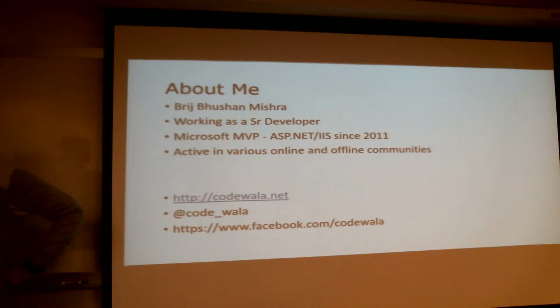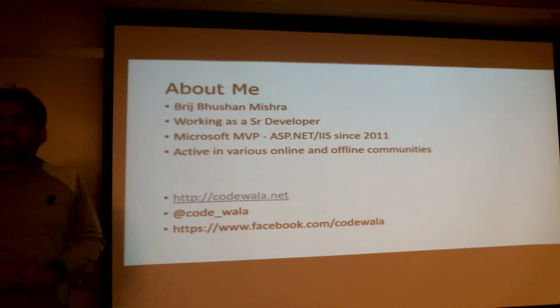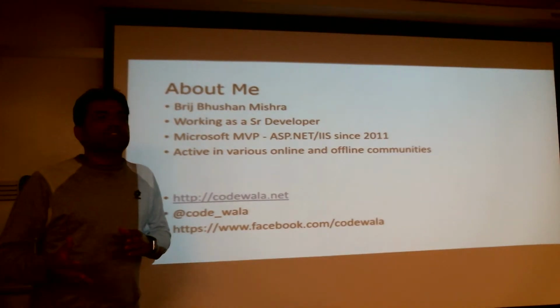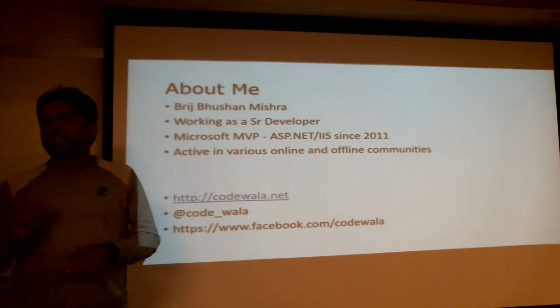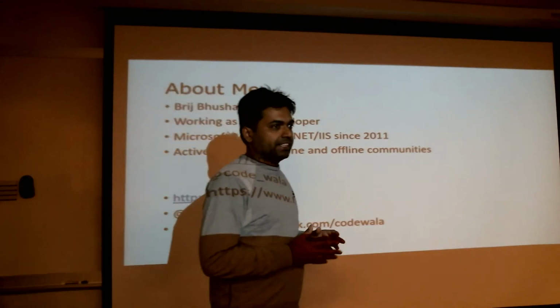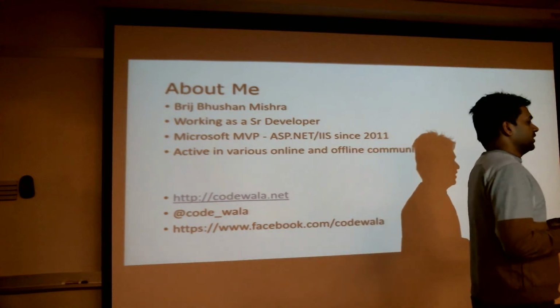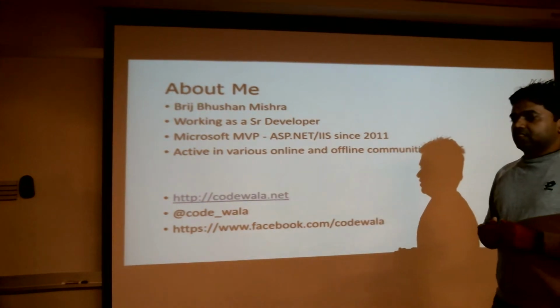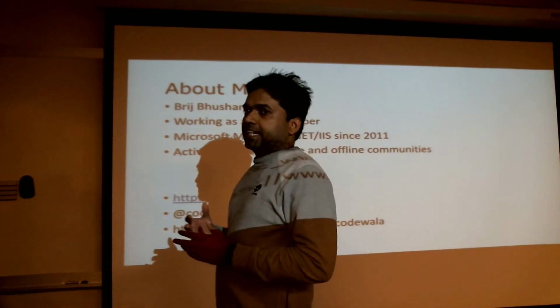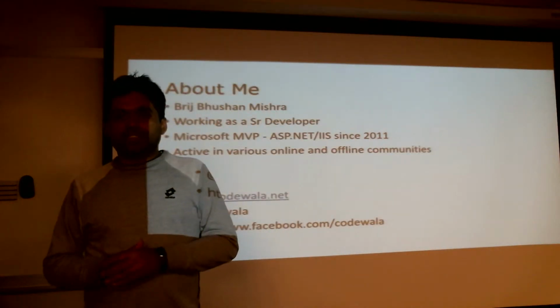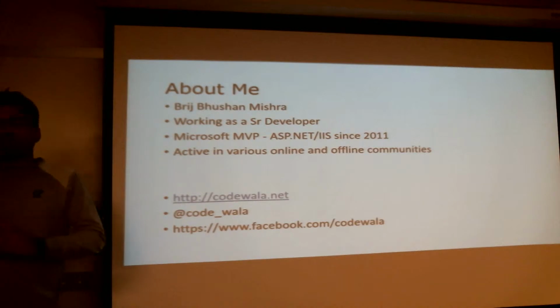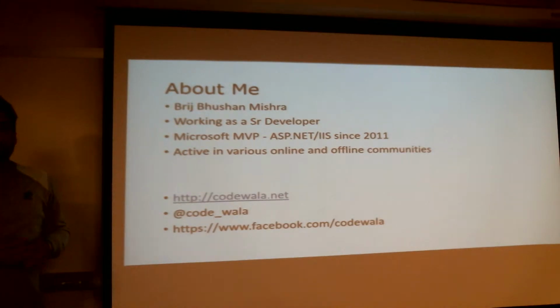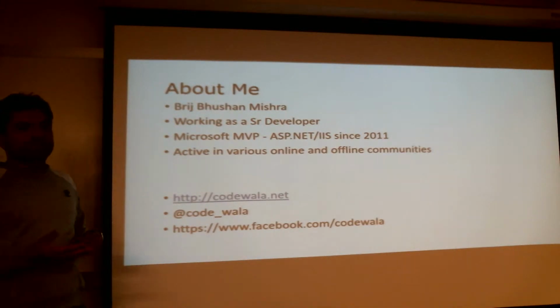Whenever we talk about an ASP.NET app or any web performance, the first thing that comes to mind is, let's do caching, right? Caching is not just a simple thing. Caching involves a whole strategy: where you want to cache, what you want to cache, at what level, and whether you want to cache the data at multiple levels.